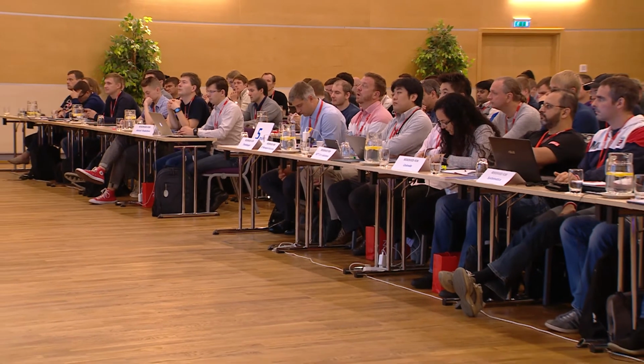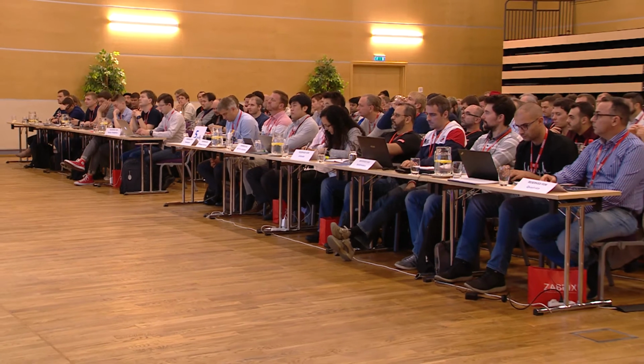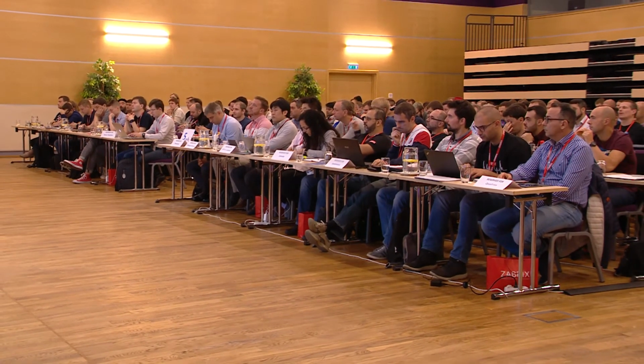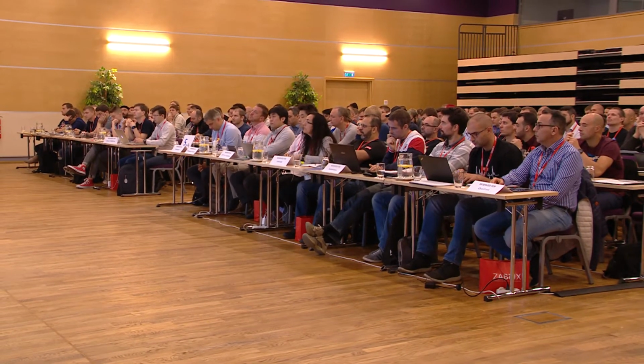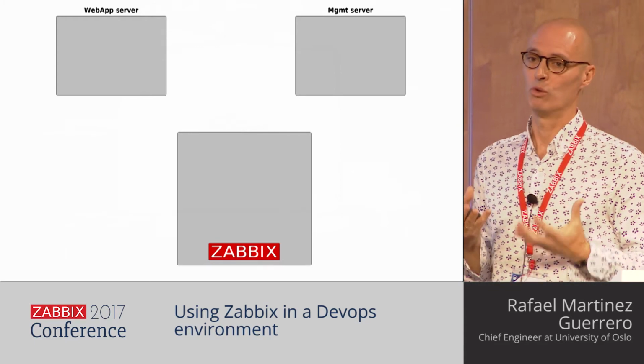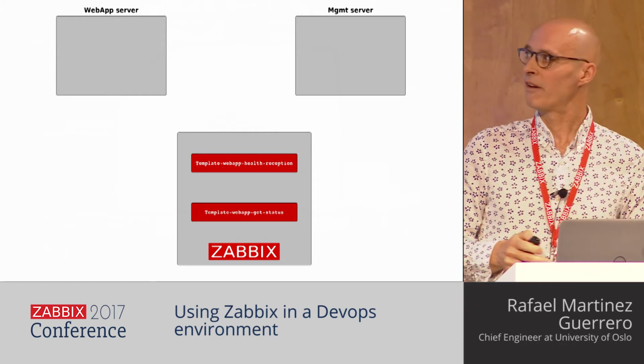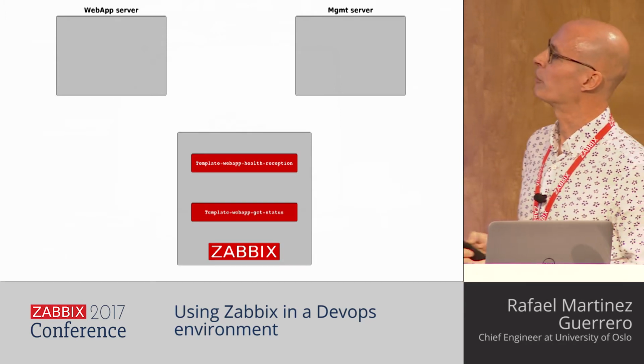So Zabbix cannot ask the servers to get the specific information. What Zabbix knows is that the servers out there know what they are running. And then what we do is the following.